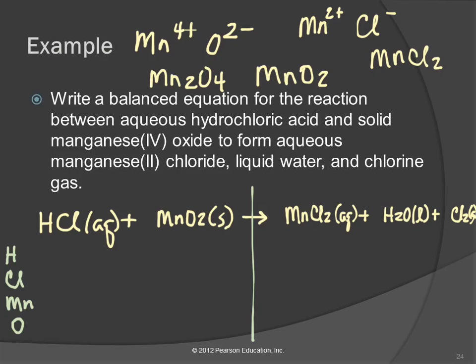In that first compound, HCl, I have 1 hydrogen atom and 1 chlorine atom and no manganese and no oxygen. In MnO2, I have 0 hydrogens, 0 chlorines, 1 manganese, and 2 oxygens. And then I'm just totaling these up over here.